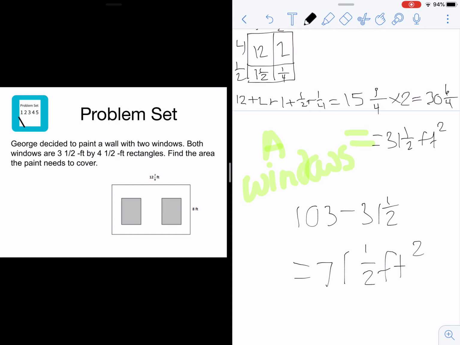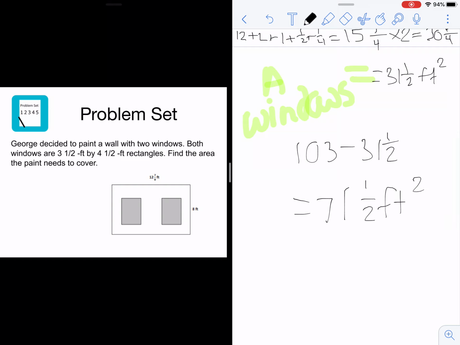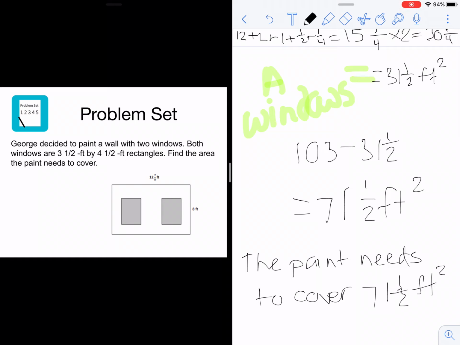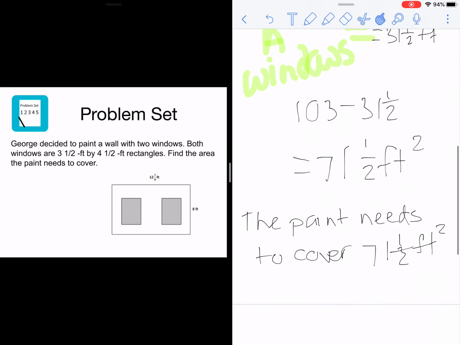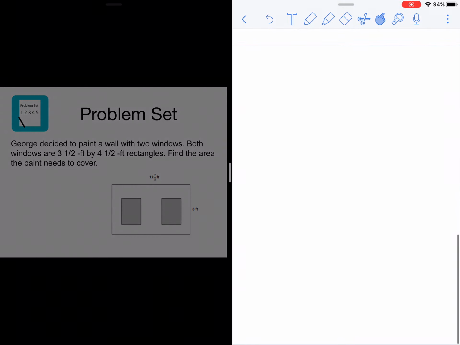Now we're not done because we didn't write our statement. So our statement: the paint needs to cover 71 1/2 feet squared. There is our first problem, everybody. Thanks for working with me. All right, let's move on.